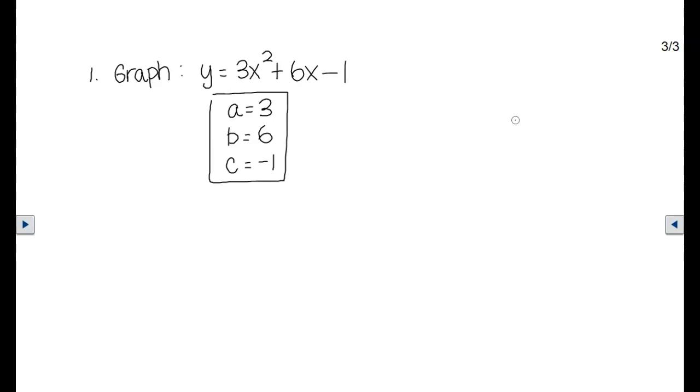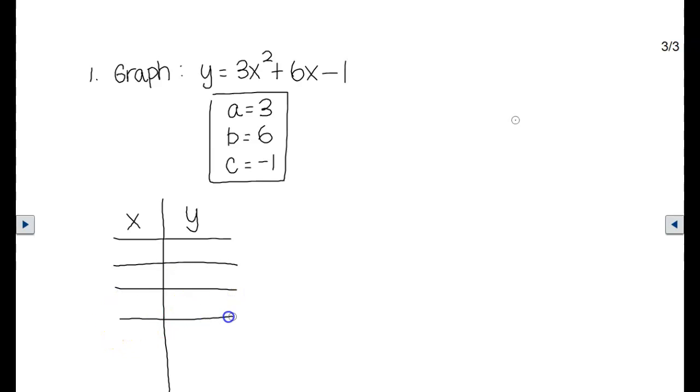Now, when you graph these, we are going to graph these by making a table. And I'm going to ask you, when you graph these, to find a total of 5 points. So there's 1, 2, 3, 4, and then here will be my 5th one.